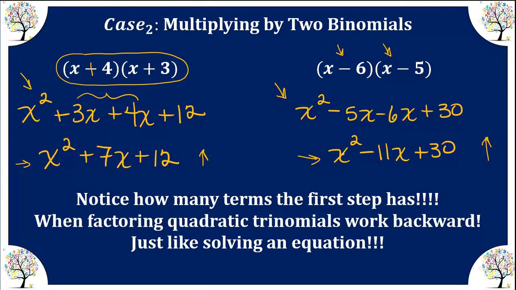So notice that when we are given this trinomial, we will break apart or split the middle term, the linear term, into 2 separate terms in order for us to create two binomials, which are the two factors of our trinomial. We will be working backward.